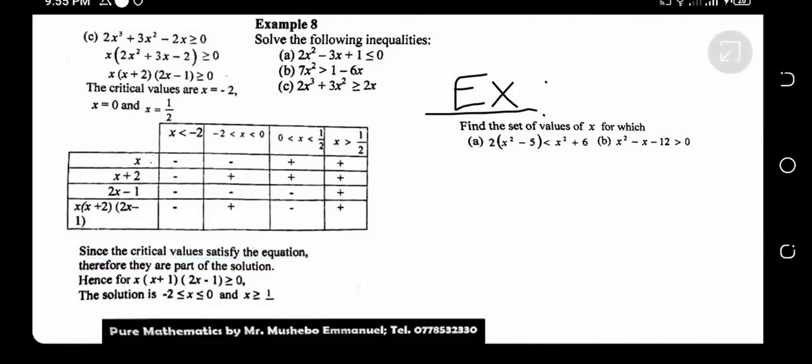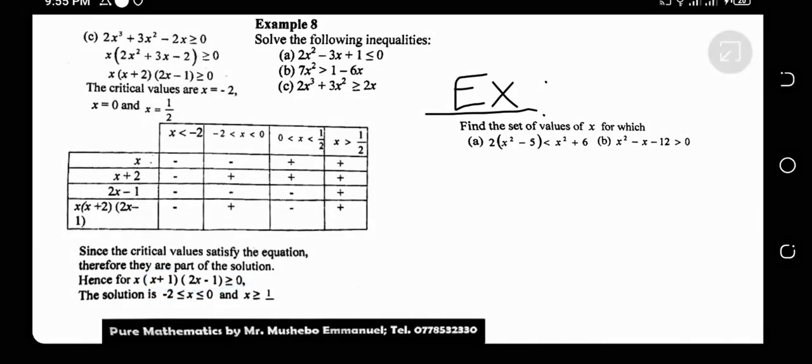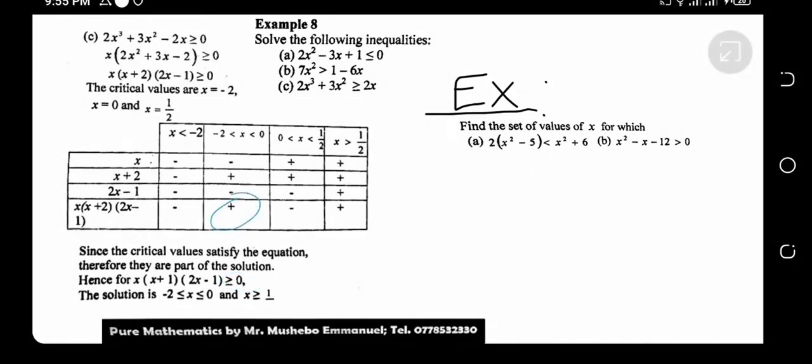So we come here that hence this inequality here. Remember, this inequality is that inequality up here. So hence this inequality, its solutions are, remember, it is greater than or equal to, greater than, positive. You see this one here and this one here, both of them are positive.